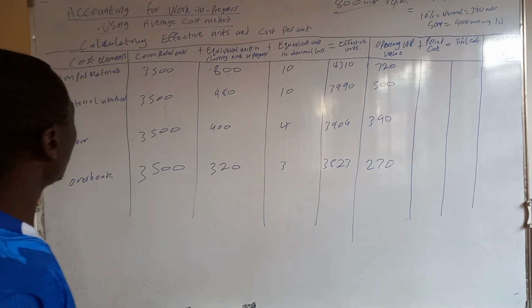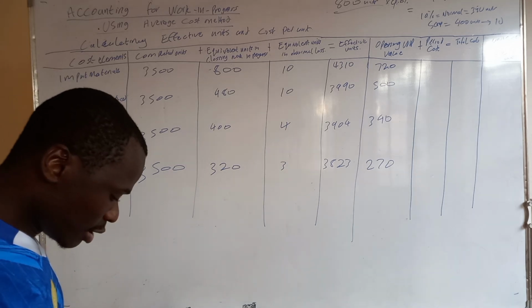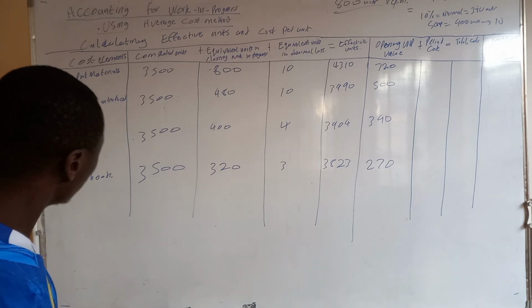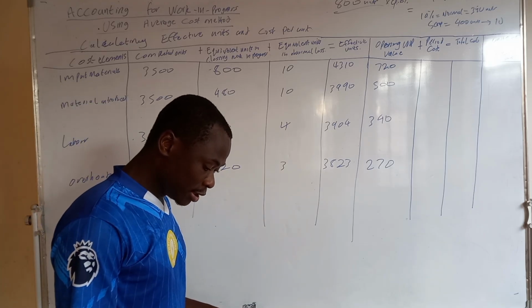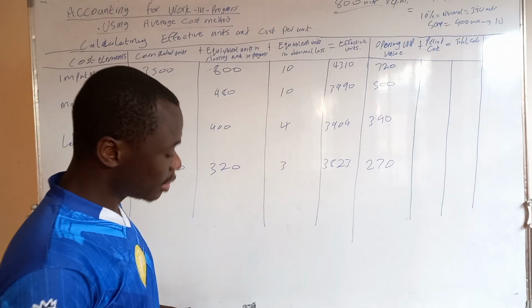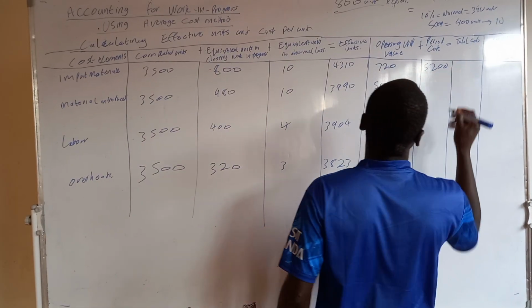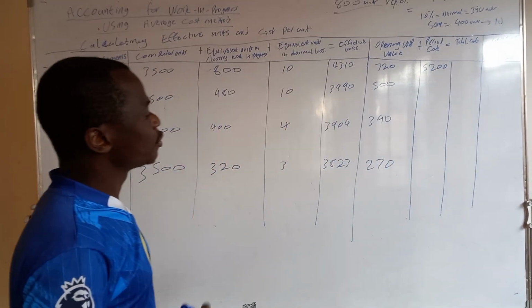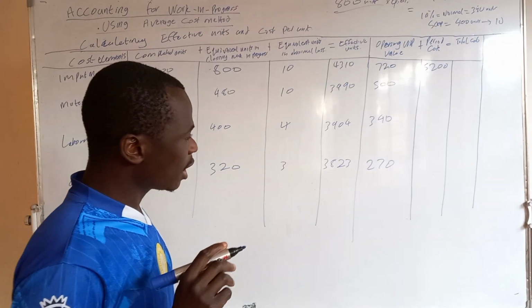Material introduced. Then we have input materials. Let us start with input materials. Input materials, we are told, that is transfer from process 1. Transfer from process 1 was 5,200.